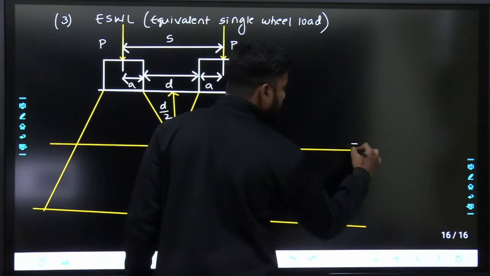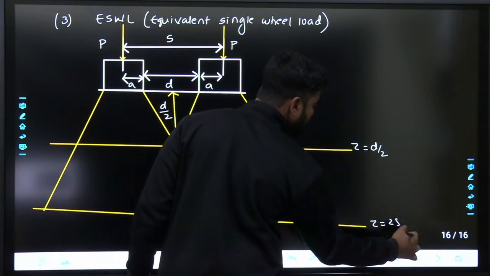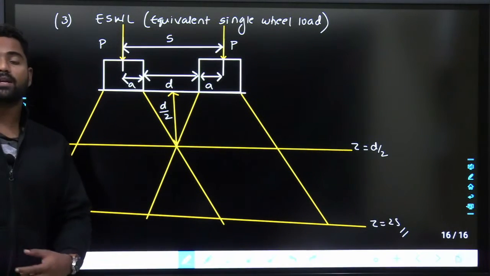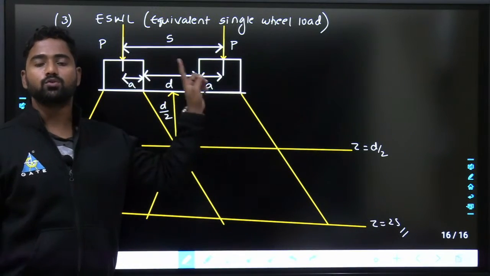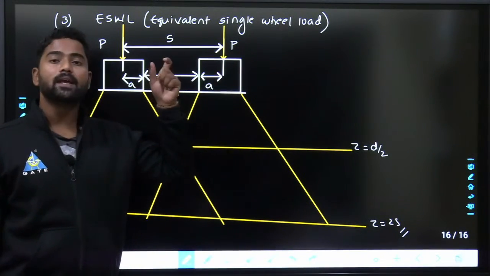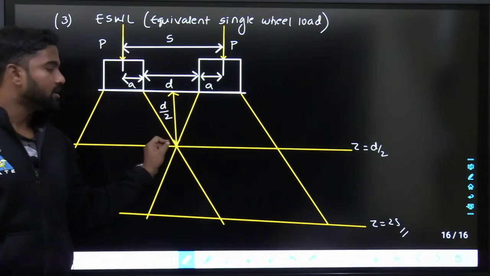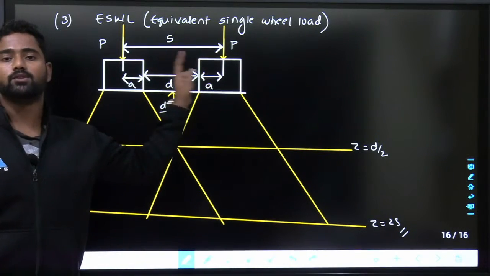Here Z depth equals D by 2. Here depth I'll take it as 2S. Let us say equivalent single wheel load means these two wheel loads are to be replaced by a single wheel load such that stress at any location will be the same as the stress created by these two wheel loads.